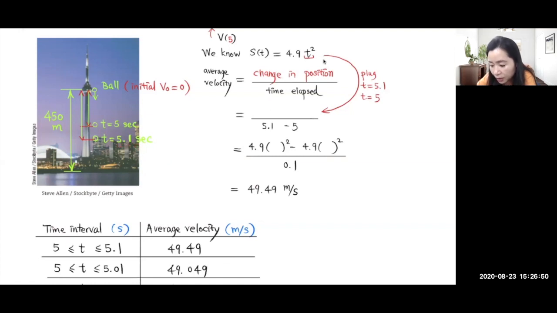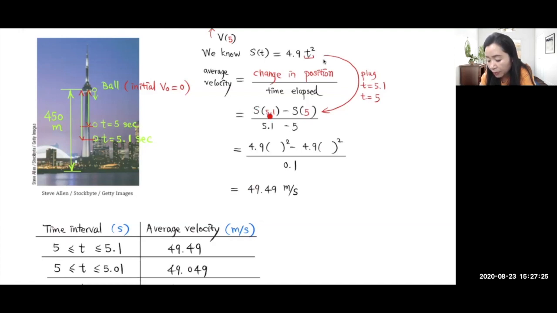So we're going to substitute 5.1 as the time into t, and we get the ending position. Similarly, we substitute 5 into this t, and we get the beginning position. So we plug in 5.1 into t and 5 into t, get the corresponding positions, and then subtract.